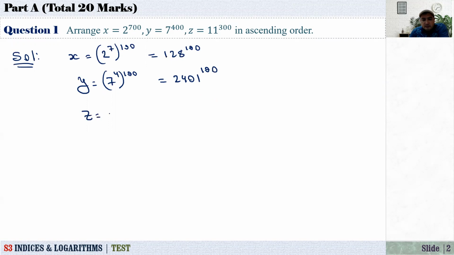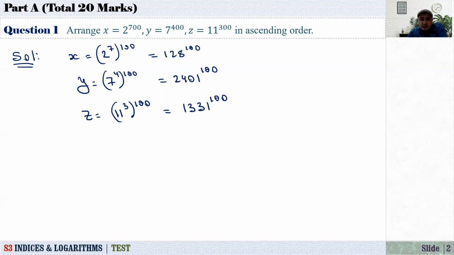And z is equal to 11 to the power of 3 to the power of 100. What is 11 cubed? 11 cubed is equal to 1331, so that is 1331 to the power of 100.